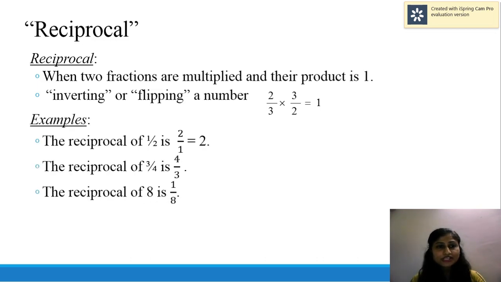Examples are given. The reciprocal of 1/2 is 2/1, that is 2. The reciprocal of 3/4 is 4/3. The reciprocal of 8 is 1/8.